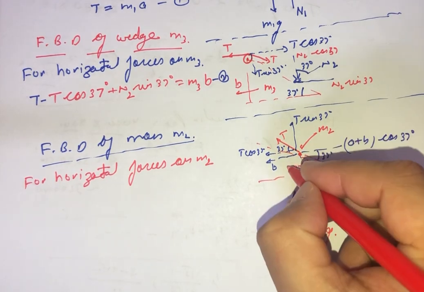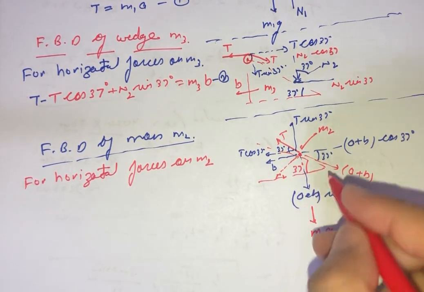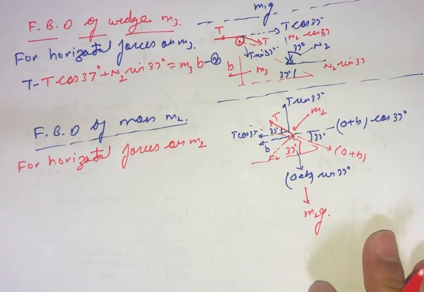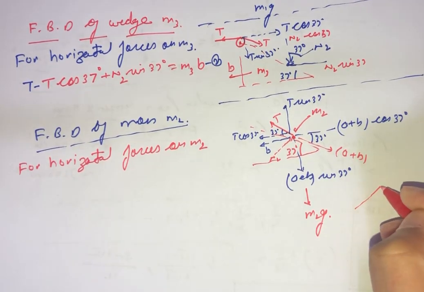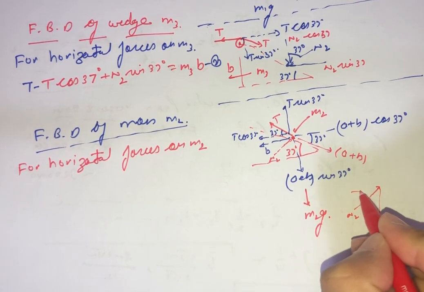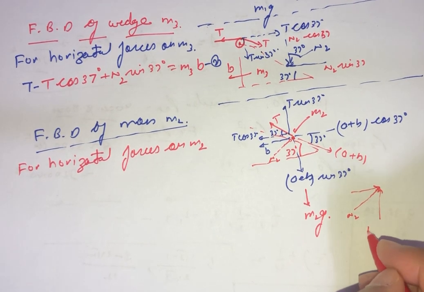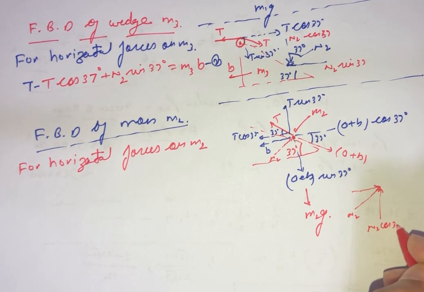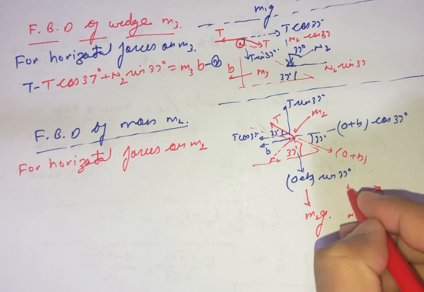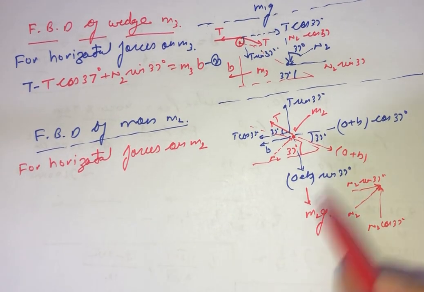So horizontal forces on M2, so we can write this as normal is left, so we are going to M2, and this M2, let me represent here in this direction, will be N2. So there will be two components of N2. Okay, this will be our N2 cos of 37, and this component will be N2 sine of 37. Sorry for the confusion.